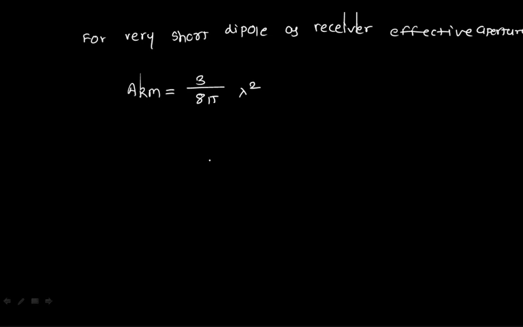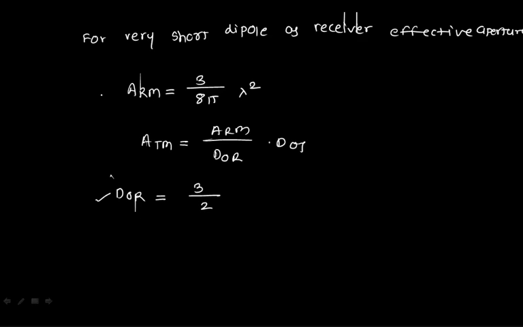So what will be the directivity for this particular one? Directivity is calculated by ATM is equal to ARM divided by DOR into DOT. So DOR for this particular antenna is 3/2. They are already proven, so you don't need to think about how this came, because there is a separate analysis of the antennas.